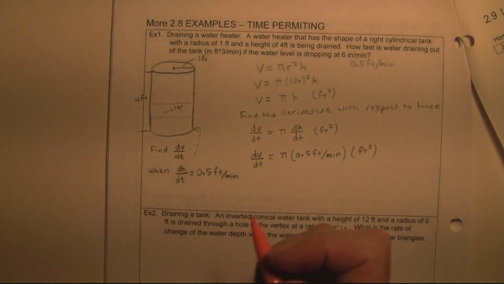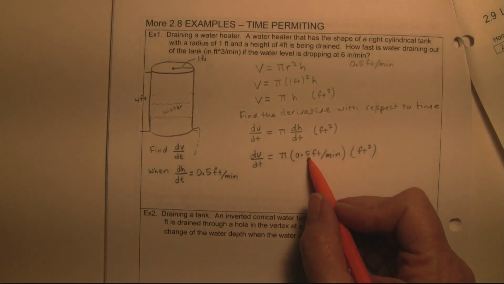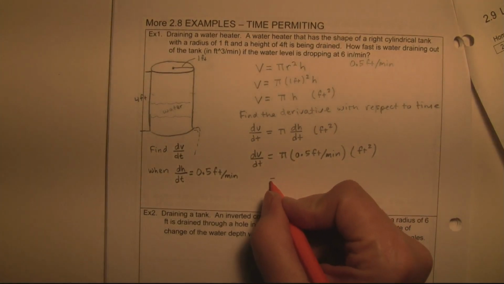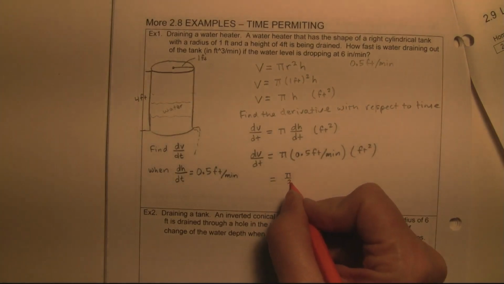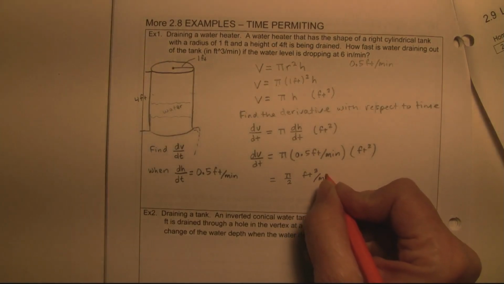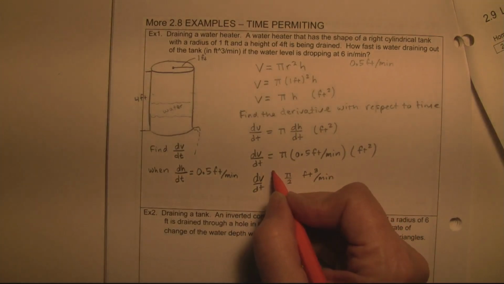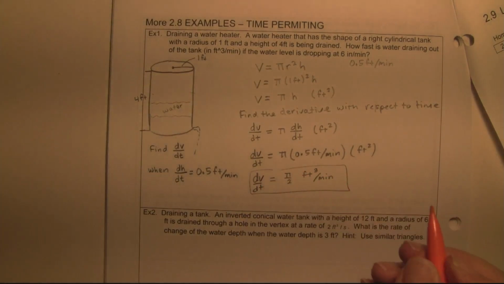When we put these together, this is pi times 0.5. 0.5 is half, so this is pi over 2. And this is feet cubed per minute. That's what dV/dt is. You notice I put the answer down here. And so it's draining out at this rate.